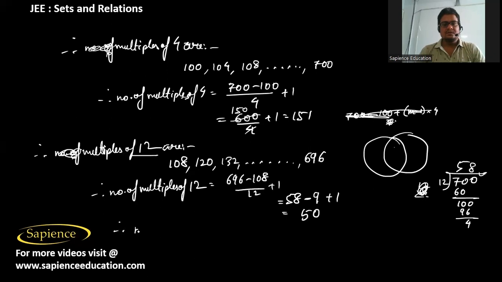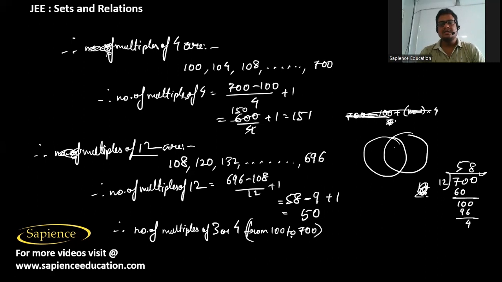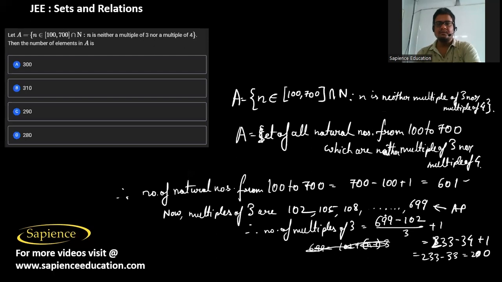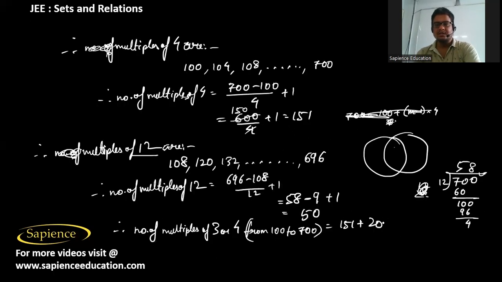So now the number of multiples of 3 or 4 from 100 to 700, how many numbers are there which are either multiples of 3 or multiples of 4? That will be equal to the number of multiples of 3, which is 301 and 151 of 4, minus the number of multiples of both 3 and 4, that is multiples of 12, that is 50.